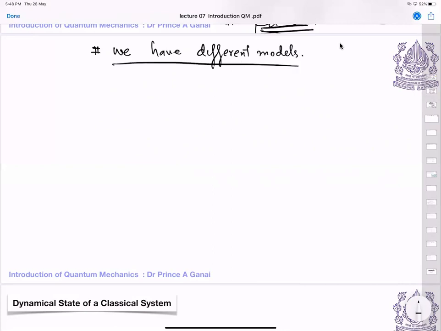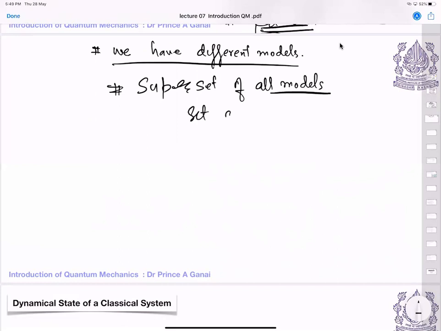Sometimes there is a lot of work to be done to really choose between the models. You have to figure out which one is the most accurate model, and that model might become a theory. The theory is then a superset of all models, which are proposed to explain some set of experiments.